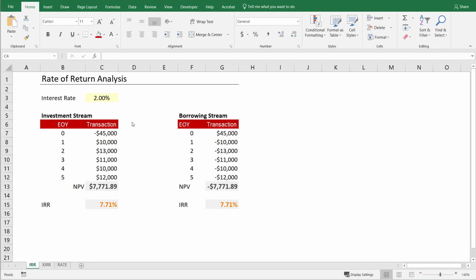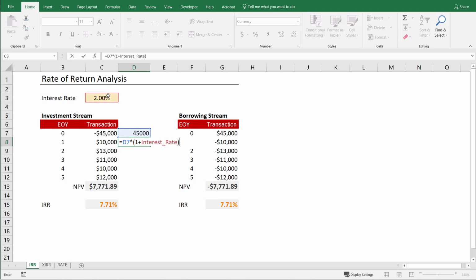Just to make sure that this is clear, supposing I had $45,000, what I know is that if I invested this money at 2%, at the end of 1 year I would have $45,900, right?